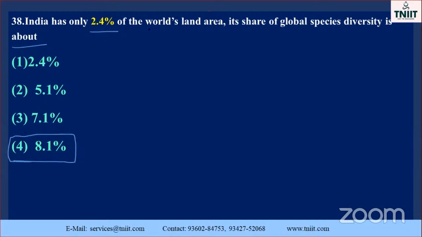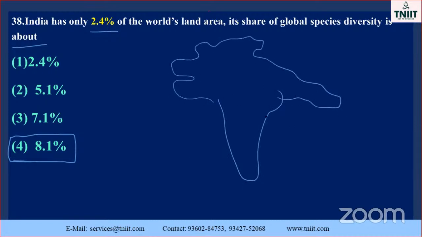India has only 2.4% of the world land. What is the meaning of this? Out of a total 100%, India has only 2.4%. The global species diversity is about how much? 8.1% is present in India.